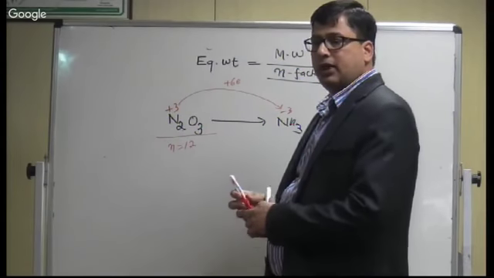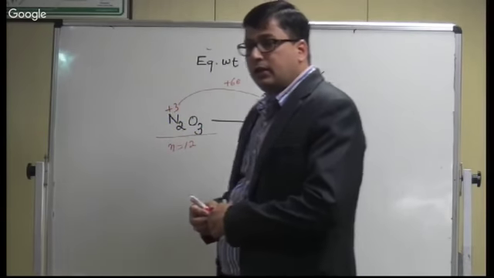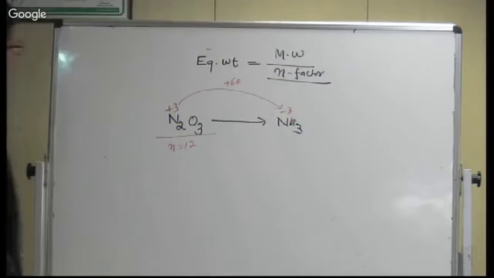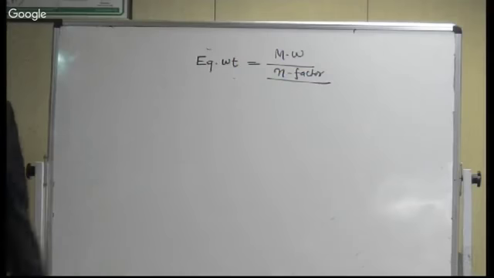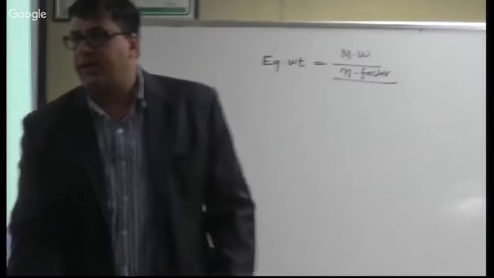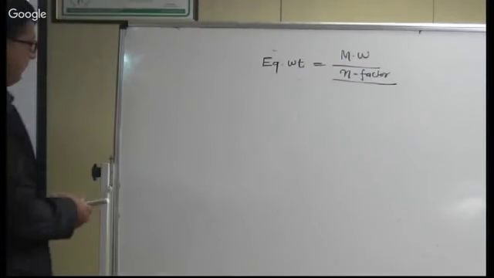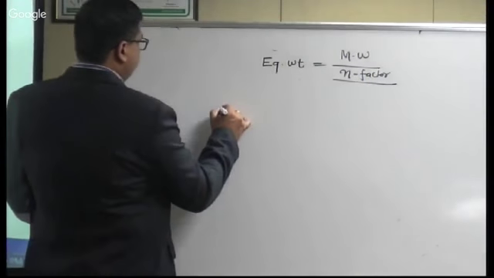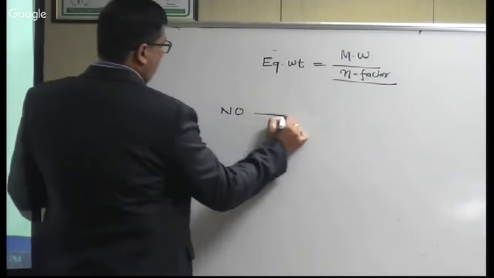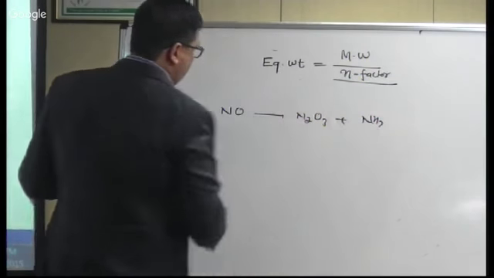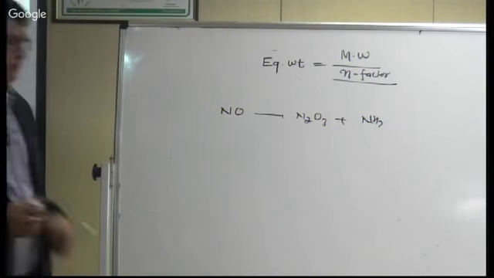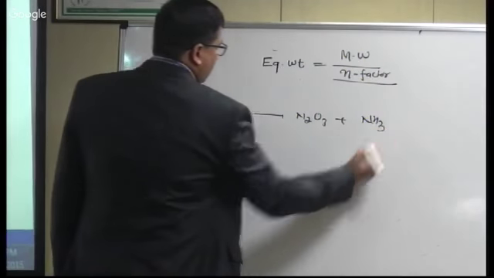Simple? Clear? So in some cases there will be the disproportionation of the oxides. Oxide undergoes 2 different oxidation states, gain as well as loss. For example, NO gives N2O3 and NH3.